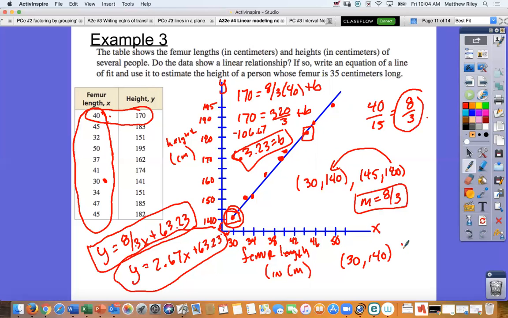And my slope is 8/3. That's what we did at the very beginning. I've got a point and a slope, so I could have done either slope-intercept form or point-slope form to find it. So all of the math that we've actually done here is the exact same thing as what we were doing yesterday. Did that help or no? Yeah. Okay.